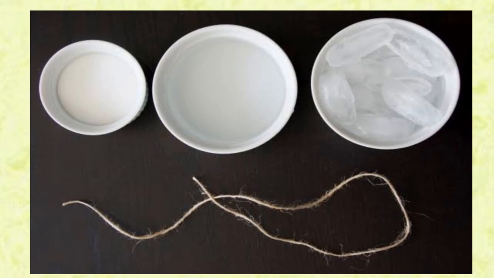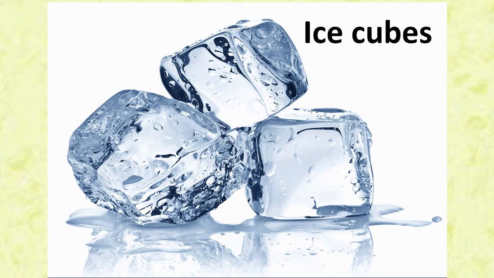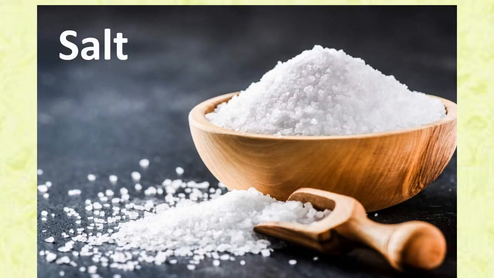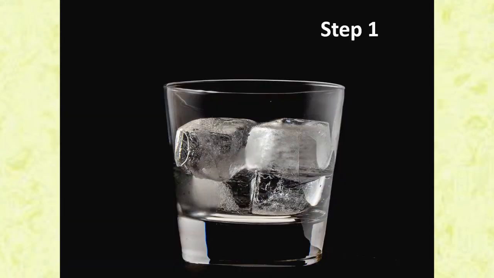The first thing is ice cubes. The second thing is string or a thread. And the third thing that we need is salt, which we get in the house. Now let's begin with our experiment.